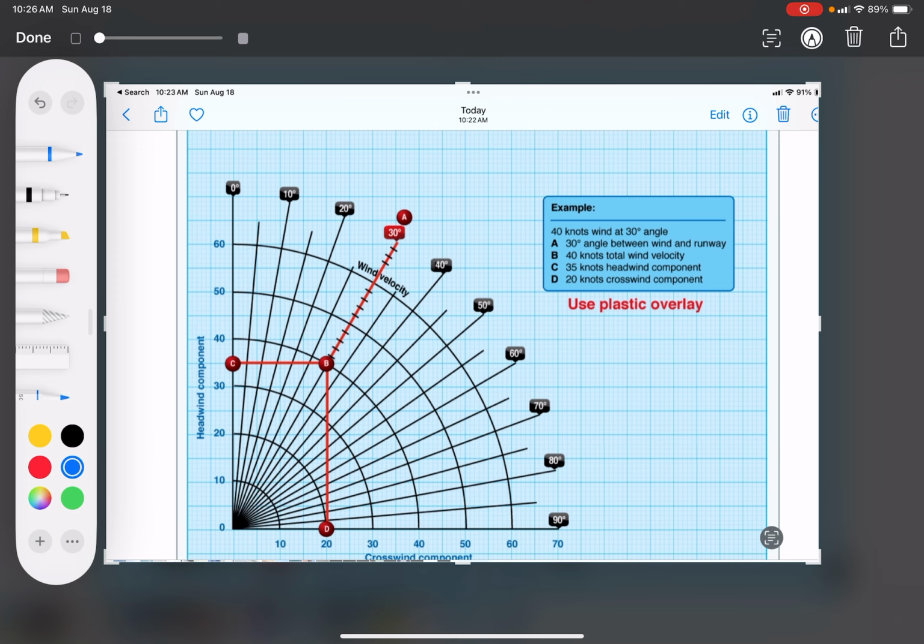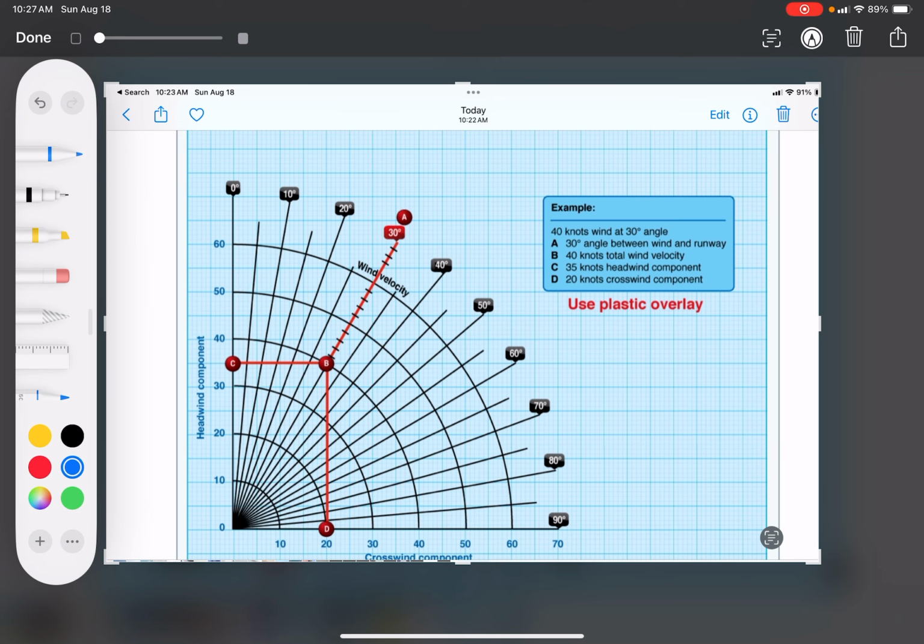The next one is 140 degrees. The wind's out of the south, so I'm going to subtract 140 from 180, and the difference is 40 degrees. That's not bad. That's a quartering headwind. Now, 240 degrees. Now we're just getting the difference, so it doesn't really matter. Just either subtract 180 from the number, or subtract the wind from the runway heading.